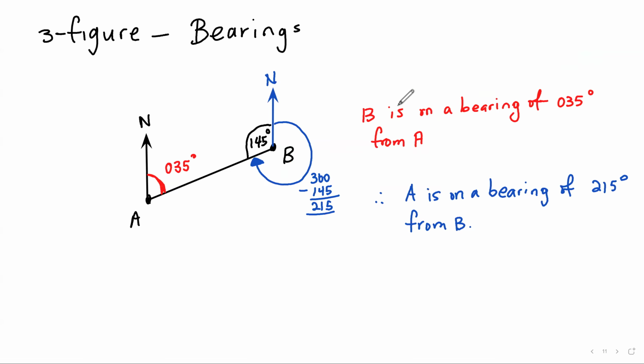So if you're looking at B from A, your north line goes at A. If you're looking at A from B, your north line goes at B. The two north lines are parallel, so they follow the rules of parallel lines and a transversal. So they are supplementary angles, which means that they add up to 180 degrees, right?